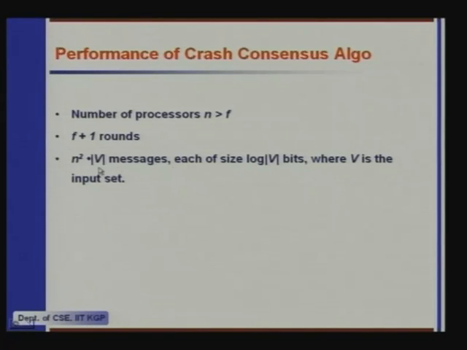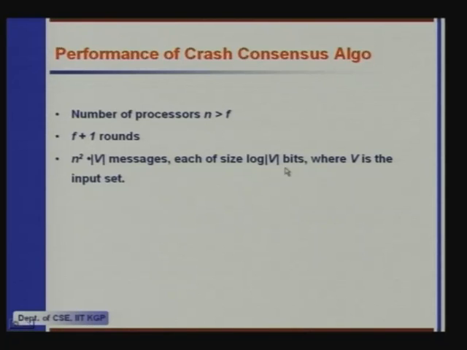What is v? V is the input set. So, it is the set of different values that are there, right, and log v bits are needed to specify which value is there. So, this is the number of bits required to specify the value v which is being broadcast.